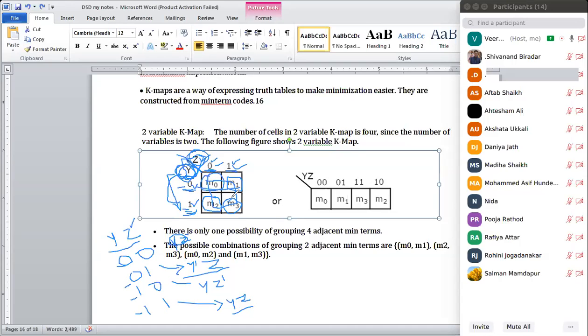Total 4 cells. Okay. Either I can go for this type or I can go for this one, where I am writing the YZ on the upper side only. With this adjacent, I am not dividing the variables. I am just combining both variables here. So what are the variable combinations I will get? 0, 0, 0, 1.